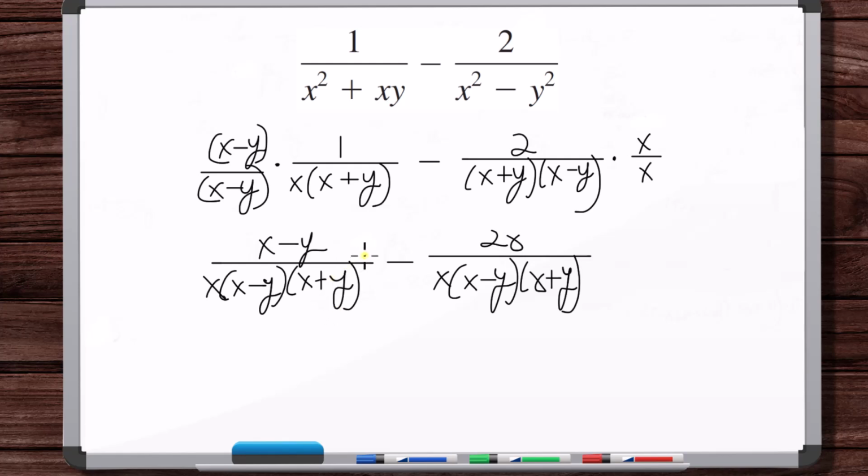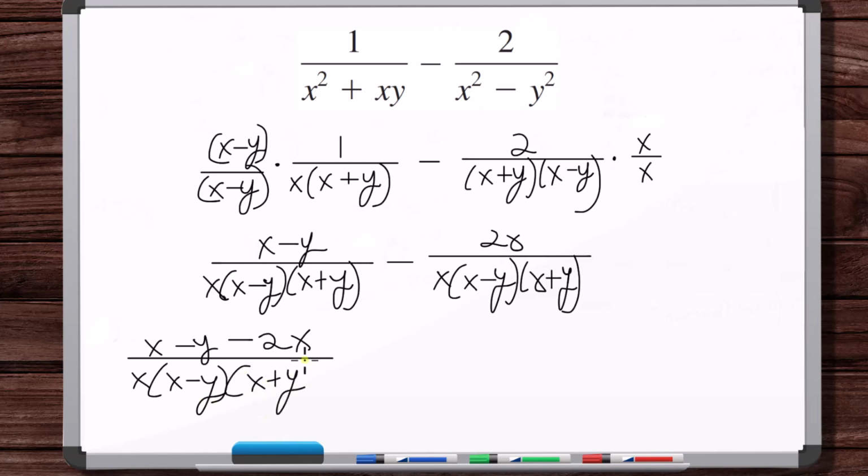Okay, so we've got x minus y minus 2x over x times (x minus y) times (x plus y). So x minus 2x is minus x.